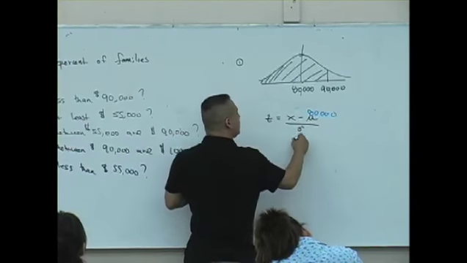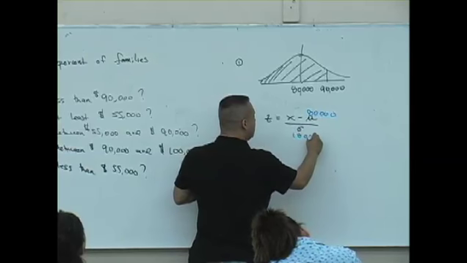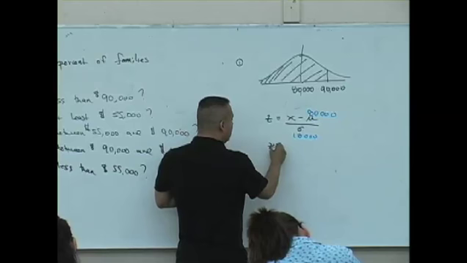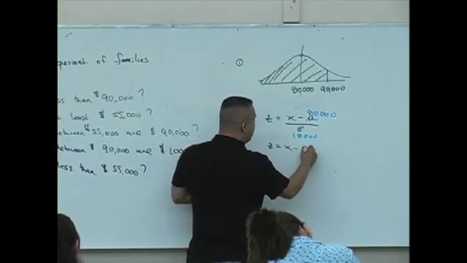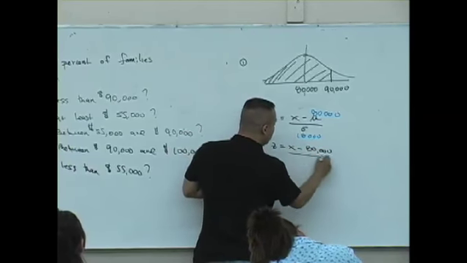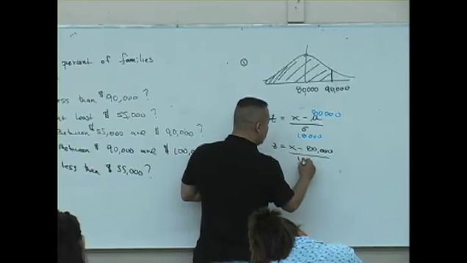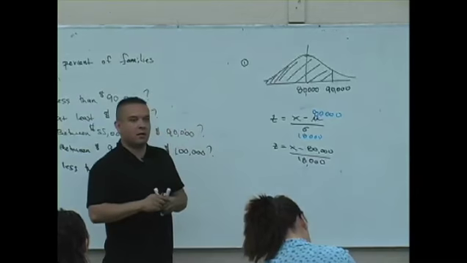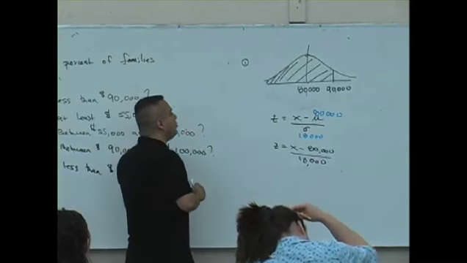What's the standard deviation? 18. So your conversion formula really is z is x minus the 80,000 divided by 18,000. Okay? What value are you converting?